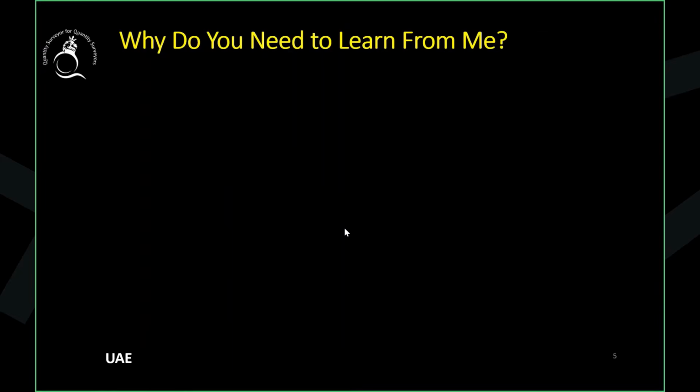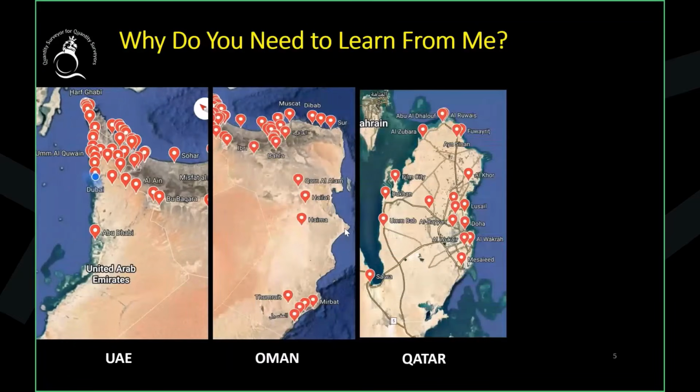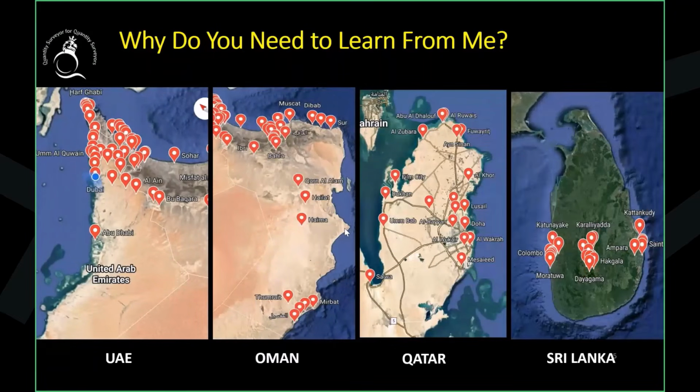I also worked in different countries, in UAE, Oman, and Qatar. Currently I'm living in UAE, and I also practice in Sri Lanka. Working in different countries gives different exposure, because they are not practicing in the same way or to the same standard in different countries.